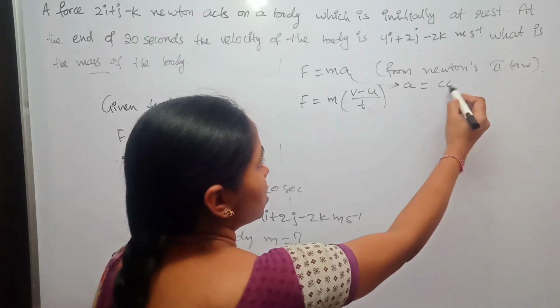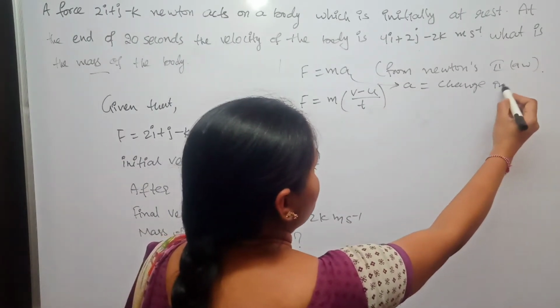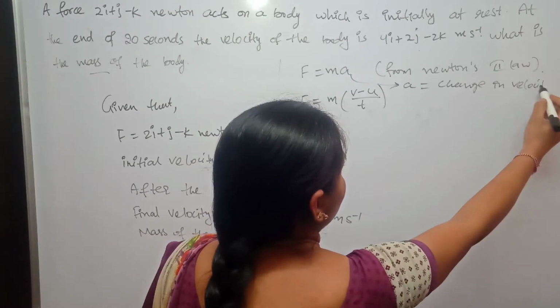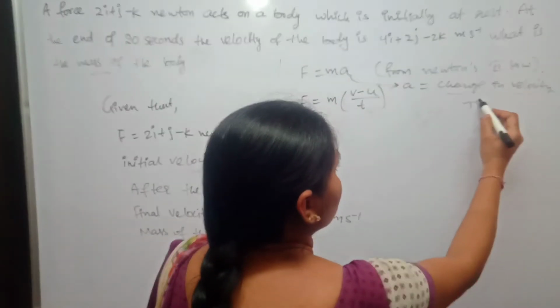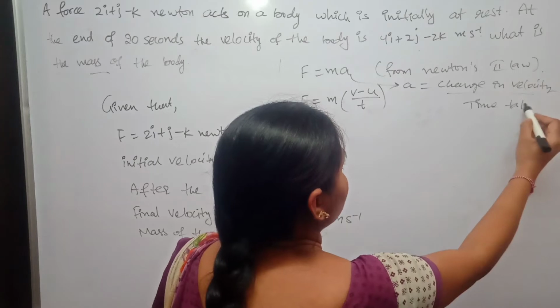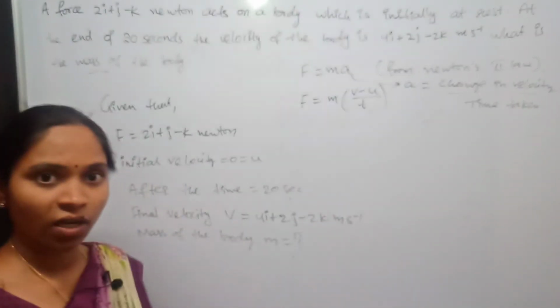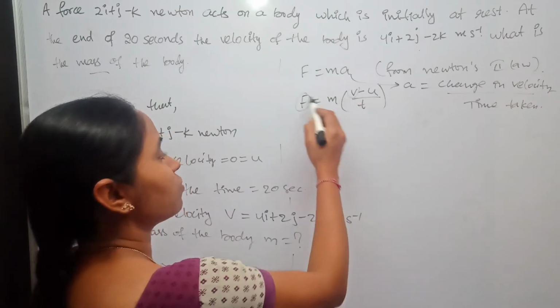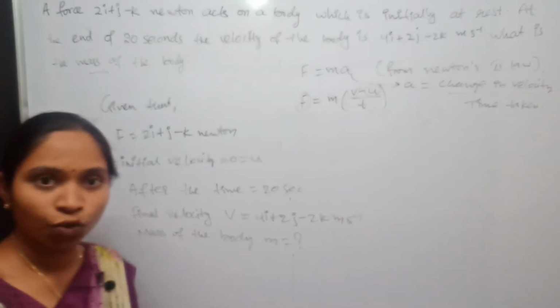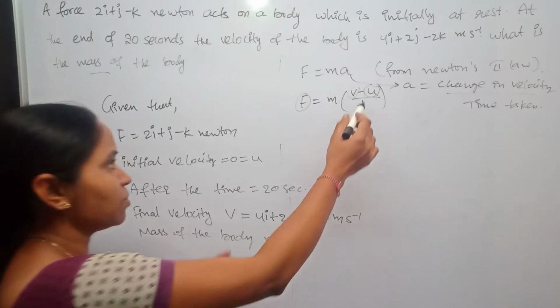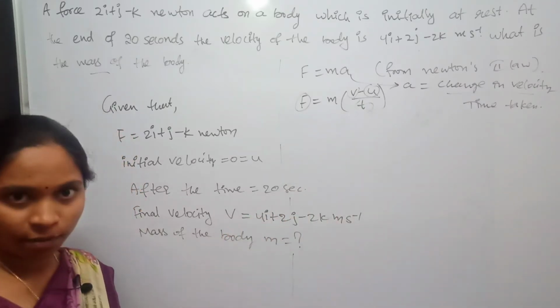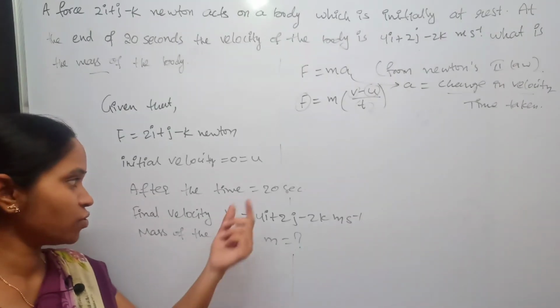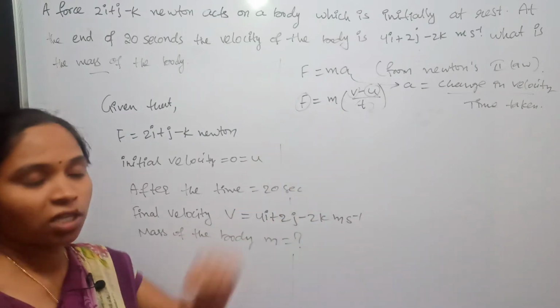Acceleration a is equal to change in velocity by time taken. Now we have to substitute the values of F, v, u, initial velocity, and the time taken is 20 seconds.